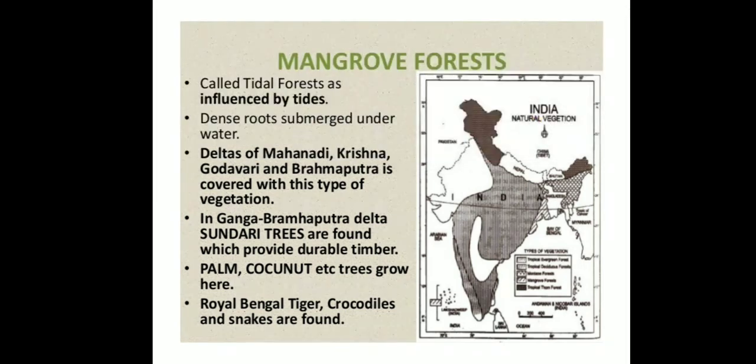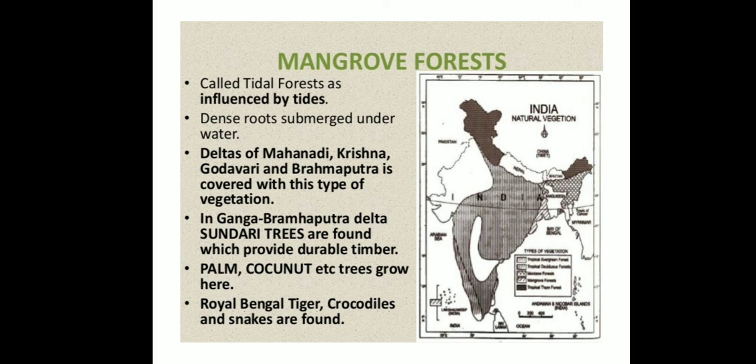After that, we have mangrove forest, also called the tidal forest as it is influenced by tides. They have dense roots submerged underwater. Deltas of Mahanadi, Krishna, Godavari, and Brahmaputra are covered with this type of vegetation.